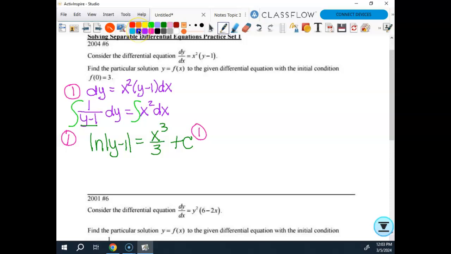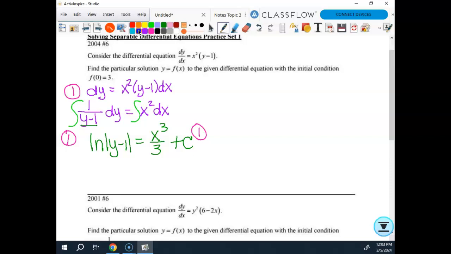So let's go ahead on this one, and let's just use our initial condition, find c, and then we can go from there. And then I'm going to show you also what it would look like if we didn't find c first. We'll kind of do it both ways. I think it's good. So f of 0 equals 3. Is this where y'all substituted it in? Yes?